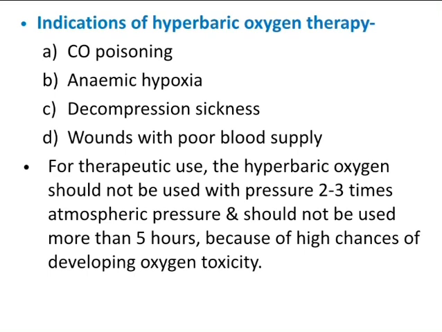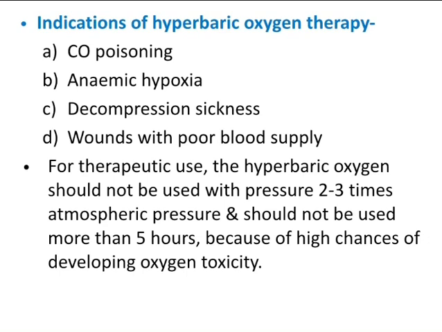Now if we talk about indications of hyperbaric oxygen therapy, it is required in carbon monoxide poisoning, because carbon monoxide has a very high affinity to hemoglobin as compared to oxygen. So if we provide hyperbaric oxygen therapy, oxygen will be able to replace carbon monoxide. Next is anemic hypoxia.